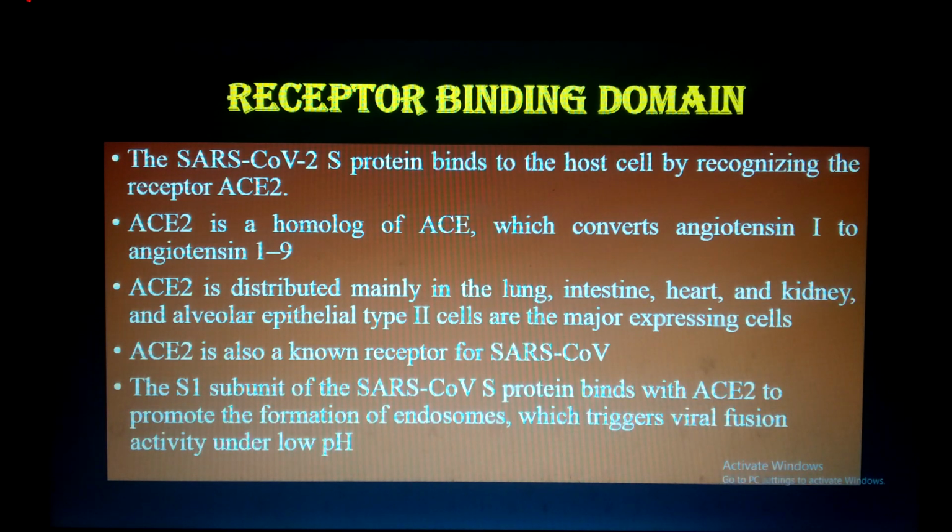Must keep it in your mind. I'm giving you a hint that we can also stop the viral infection, the SARS coronavirus 2 attack or its fusion with the host cell, by controlling or changing the pH. This is very important.